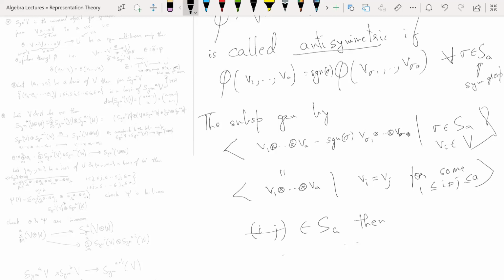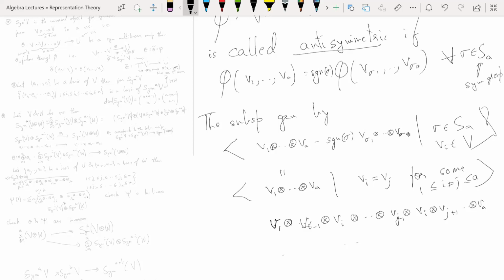It's better done privately, but okay. V1 tensor Vi minus 1 tensor Vi tensor V; here again you get the same Vj minus 1, and here you again get Vi Vj plus 1. So we want to set Vi exterior product Vj to be equal to minus Vj exterior product Vi.